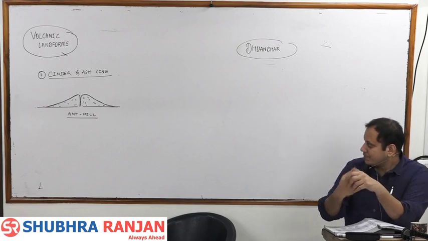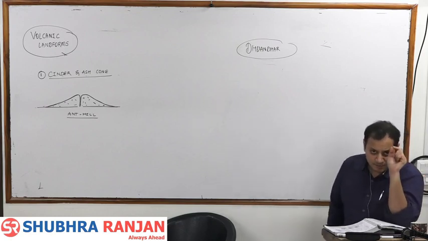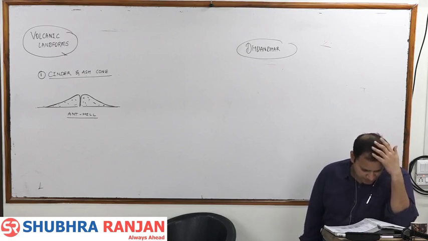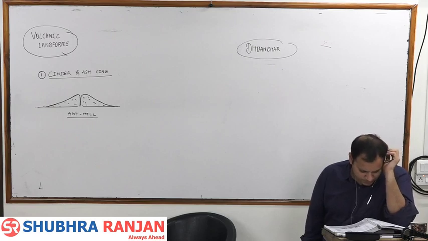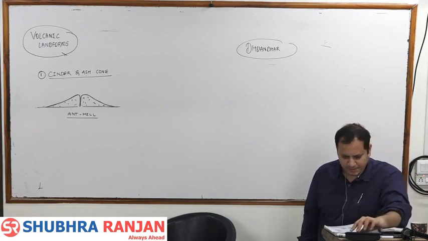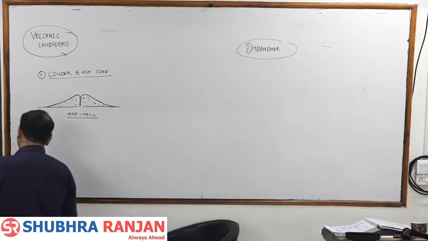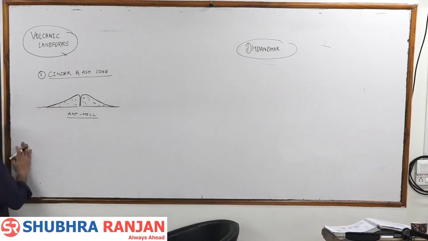So, cinder and ash cones are only made up of loose fragmented stones, comma, ash and cinder. Cinder means nothing, just stones.